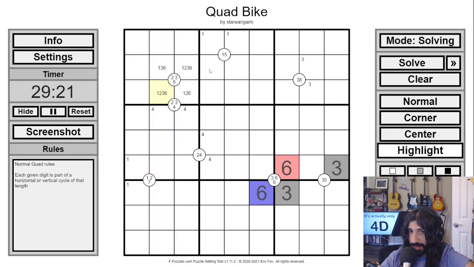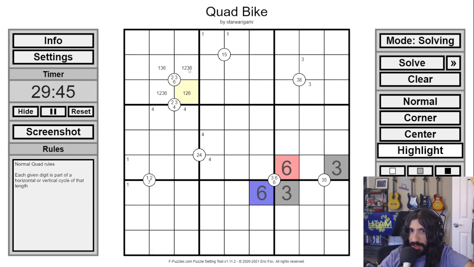That would be a 1 cycle. And so if this can't be in a horizontal 3 cycle, it has to be in a vertical 3 cycle. But if this is a 2 and this is a 3, they're both vertical 2/3 cycles, and that's an issue because you can't have 2 things in a cycle in the same direction of a different length.